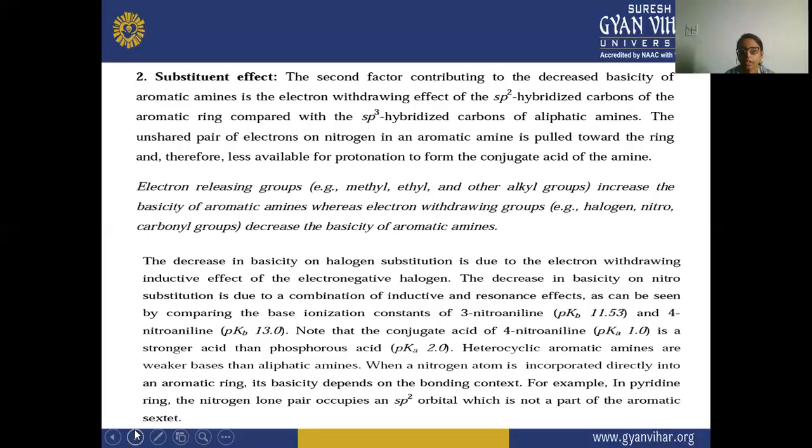the aromatic ring, is due to the sp2 hybridized carbon atoms that are present in the aromatic ring. And in the case of the aliphatic amines, sp3 hybridized carbons are attached.